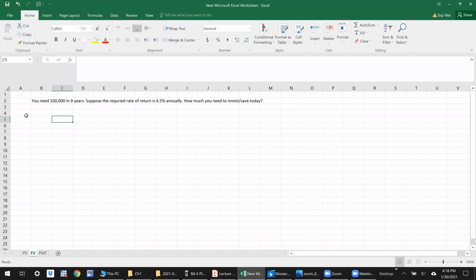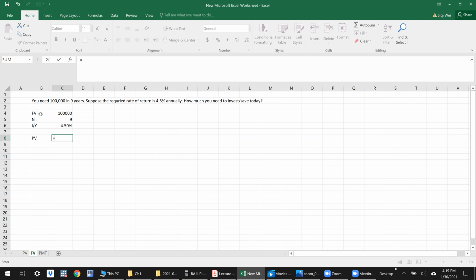Now, in this case, your inputs include future value of $100,000, and the number of periods is going to be 9 years. Annual return, I over y, it's just 4.5%. Okay, so now you want to solve for your present value.